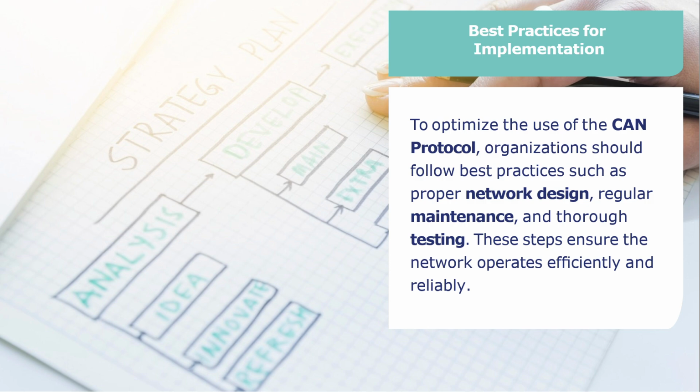I will explain. In the present day, different organizations use CAN networks, and how do they get efficient, reliable output? By proper network designing for the CAN protocol, and also regular maintenance.